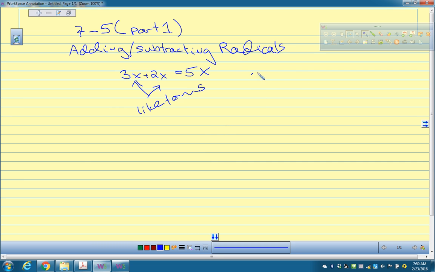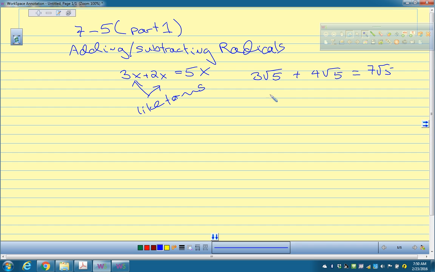So if you have like 3 root of 5 plus 4 root of 5, how many roots of 5 is that altogether? 7 roots of 5. And that's pretty much what it comes down to.